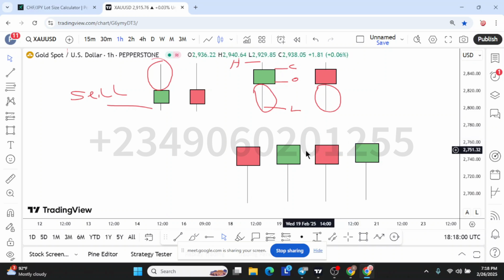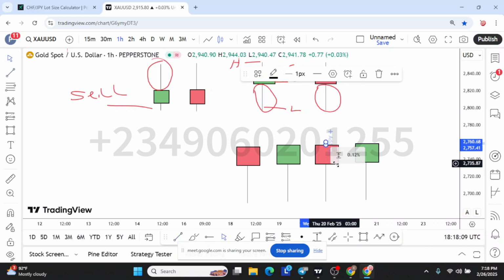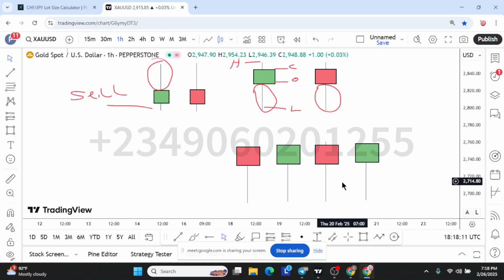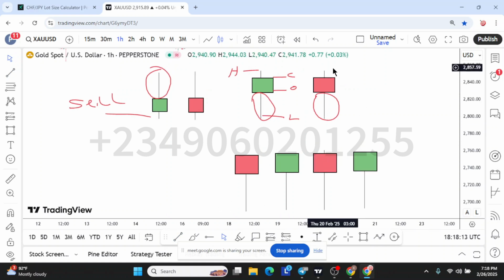So the hammer has a shaved head, but sometimes the market can present a hammer candlestick that has wicks, but the wicks will be very, very small compared to the wicks at the top of a pin bar.